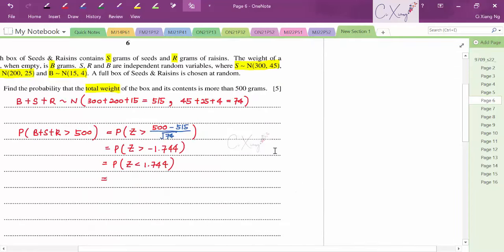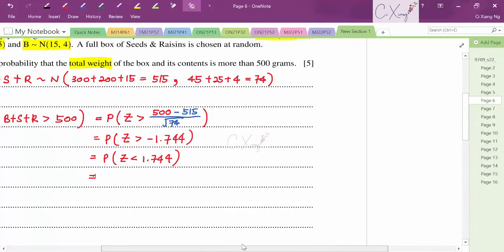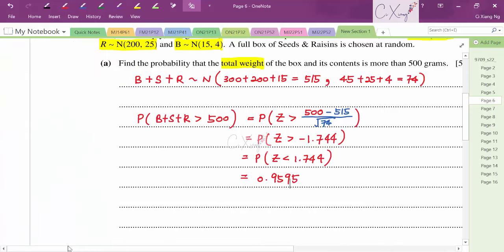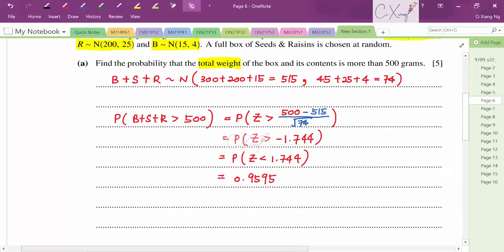Therefore, in our calculation, we will have 0.9595 from the normal distribution table. And we will correct it to three significant figures, where the answer should be 0.960. Okay, so this is my answer for part A.